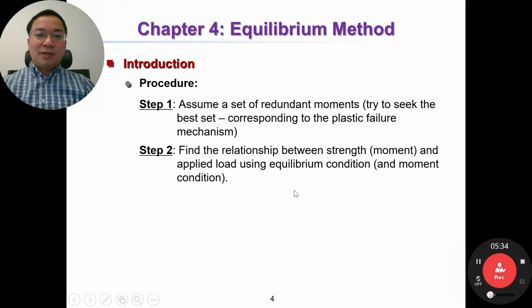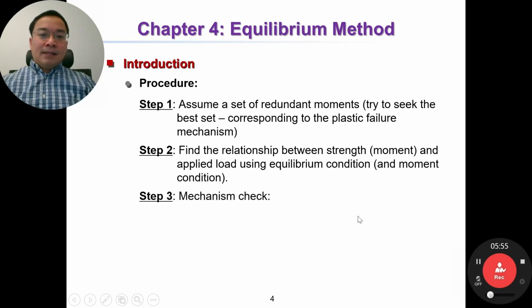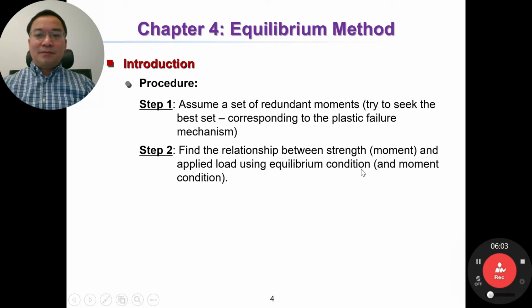Based on the set of redundant moments and the applied load, we develop this relationship, and by solving the equations we find the unknown. The unknown here is moment.